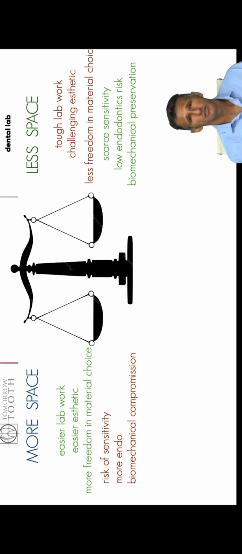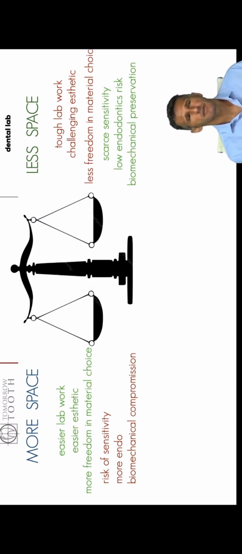So the risk of endodontic treatment on this kind of abutment, even over time, is low, because we know that there is a high risk of endodontic treatment on vital teeth prepared for crowns even after years. And it's quite annoying to have to remove a bridge or to make a hole in a bridge, with all the related problems, because of necrosis of a tooth under a bridge or something similar.